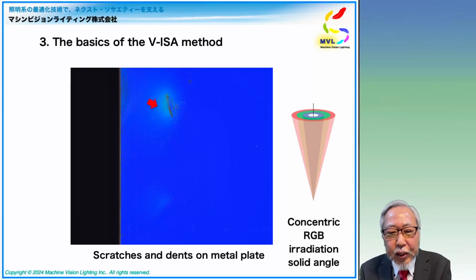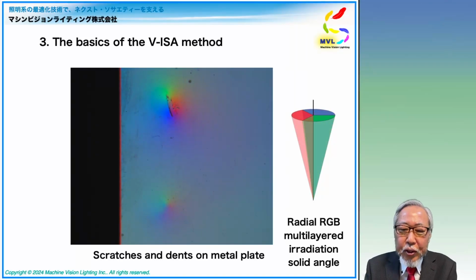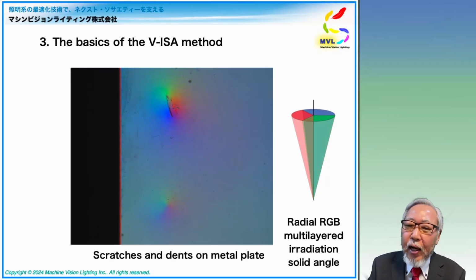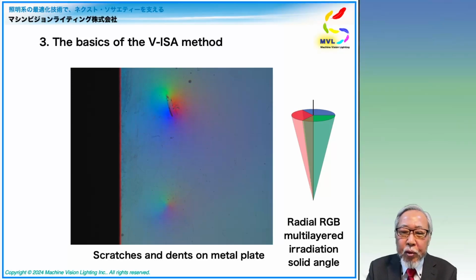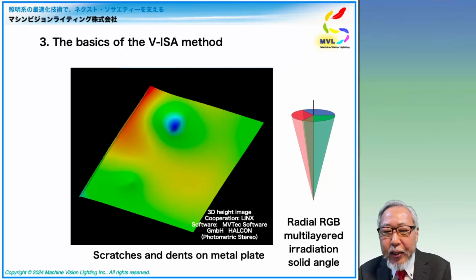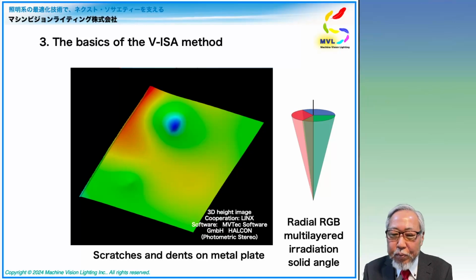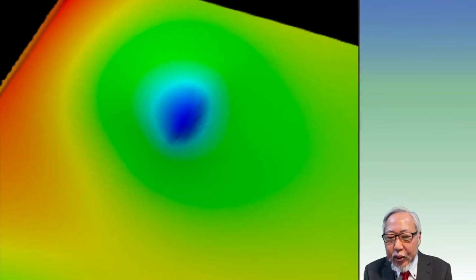This is a scratch in a dent. If you make it radial RGB, you can see in which direction and how much it is tilted. In other words, you can get complete 3D information quantitatively. If you put these together, you can see that even subtle bending, large dents, and even tiny scratches and chips are accurately reproduced. If you zoom in, you can see that there is a scratch inside the dent.